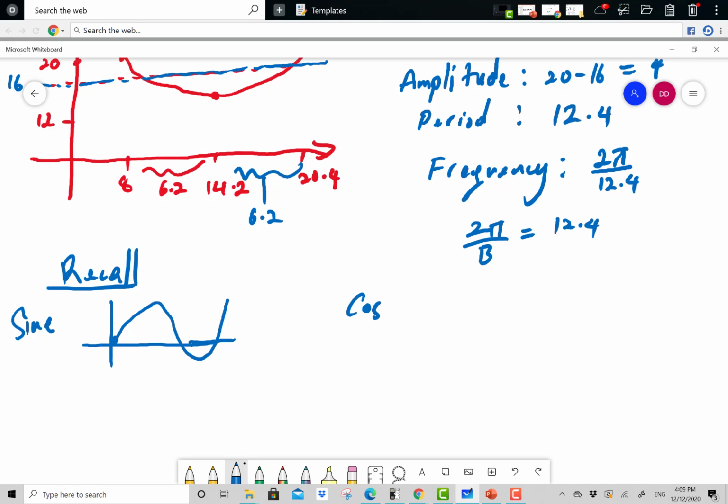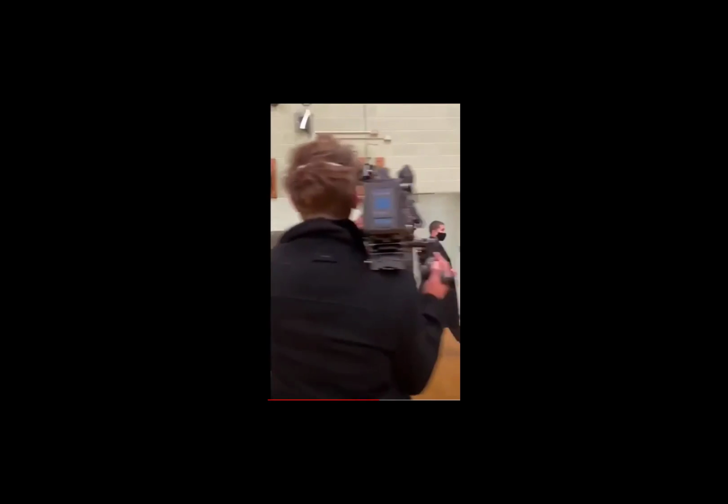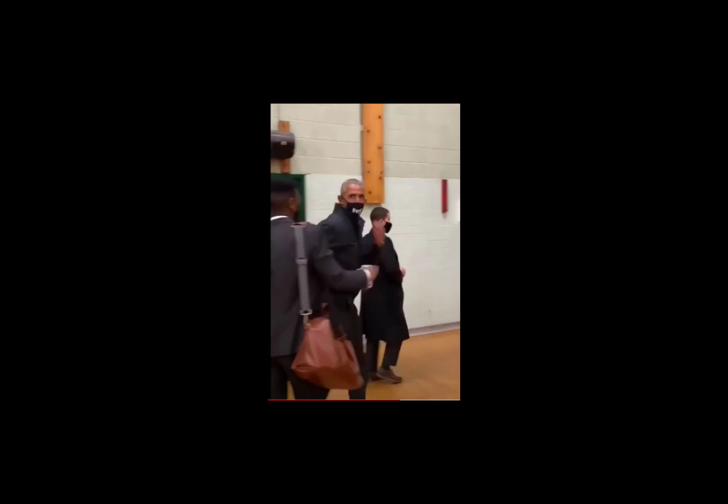The cosine graph, on the other hand, starts above the midline, comes down, and comes back up.